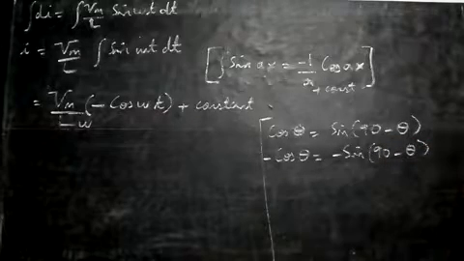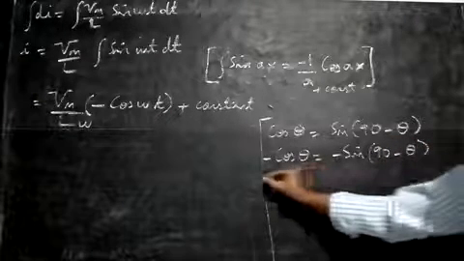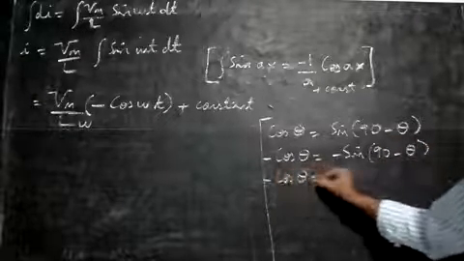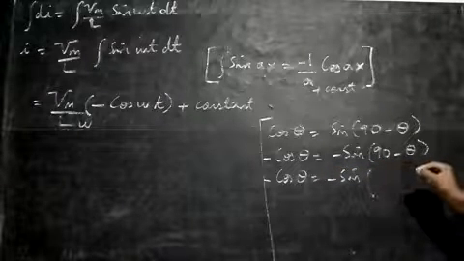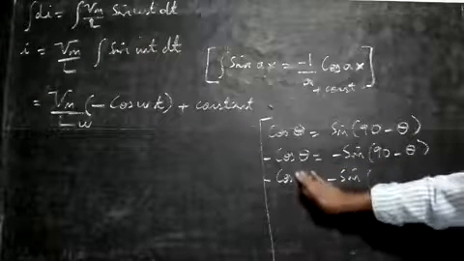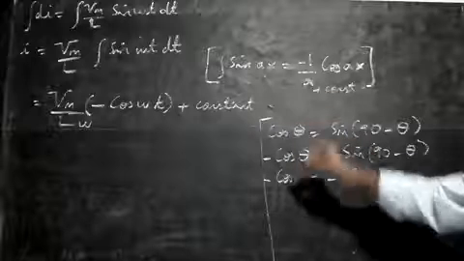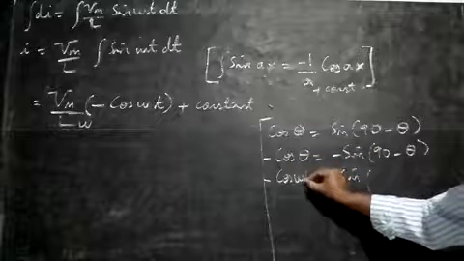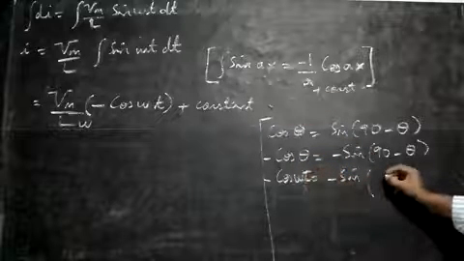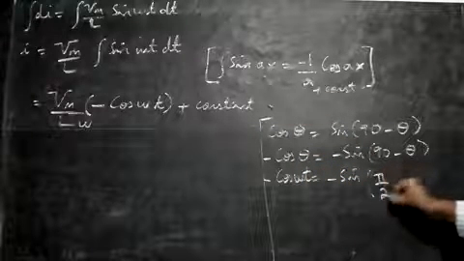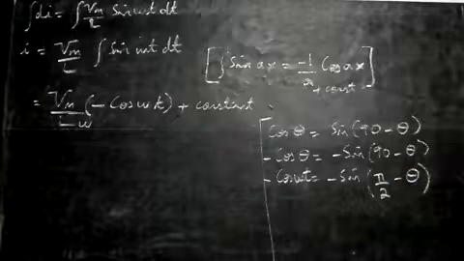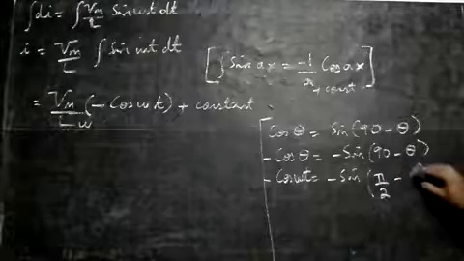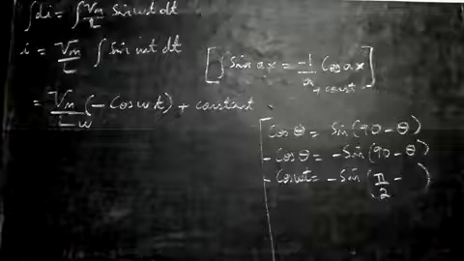We can write 90 as pi by 2, and instead of theta we can write omega t. So minus cos omega t is equal to minus sine of pi by 2 minus omega t.